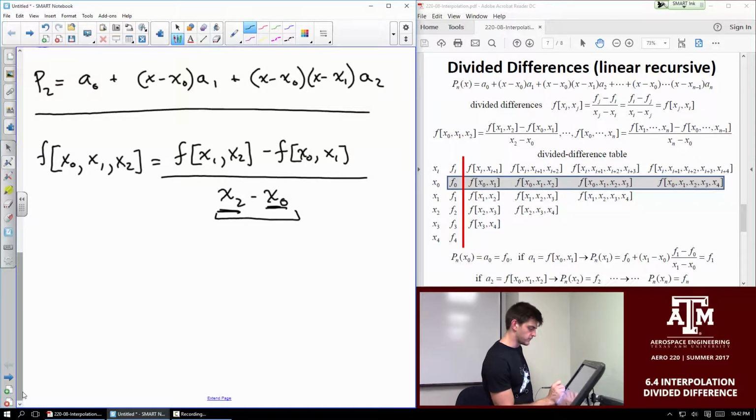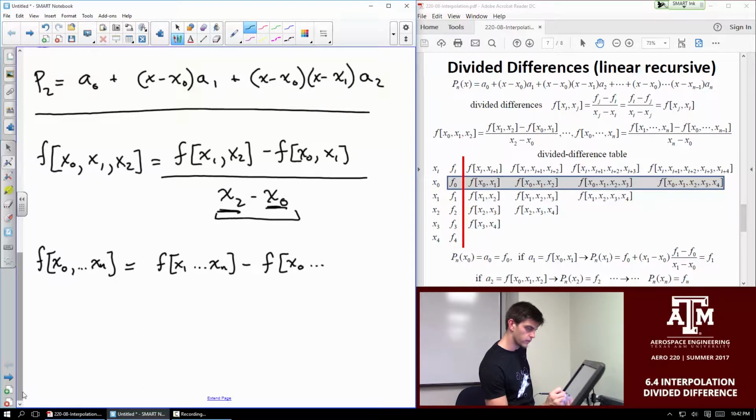We can generalize this formula to say that any divided difference starting at x0 ending with x sub n is equal to the difference in the divided differences of f, x sub 1 all the way through x sub n, minus the divided difference of x0 all the way through x sub n minus 1.